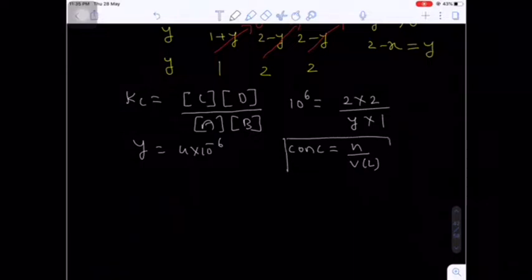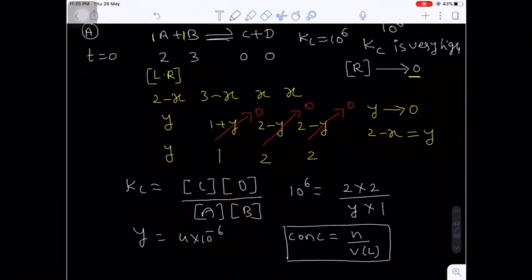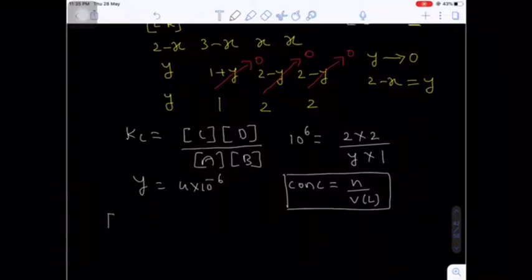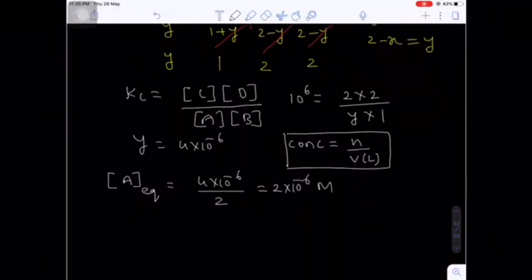So here we are writing the concentrations of A, B, C, D at equilibrium. The concentration of A at equilibrium is Y moles, that is 4 into 10 raised to minus 6 moles, divided by the container volume of 2 liters. So 2 into 10 raised to minus 6 moles per liter. Are you getting my point?